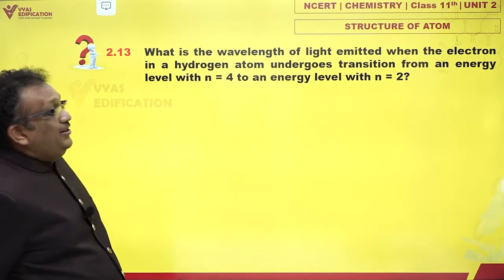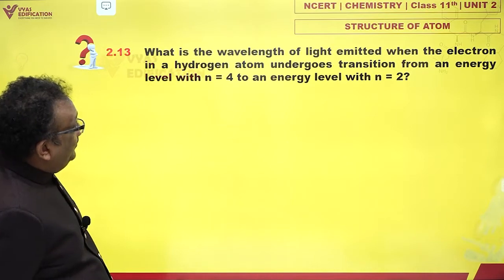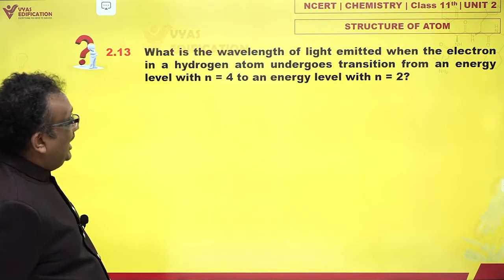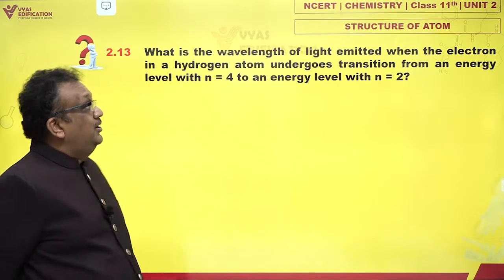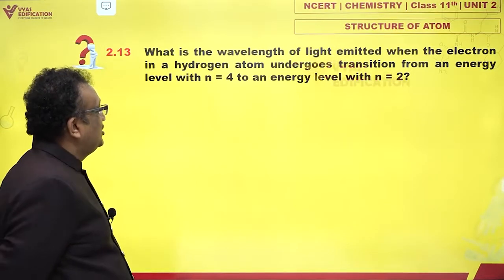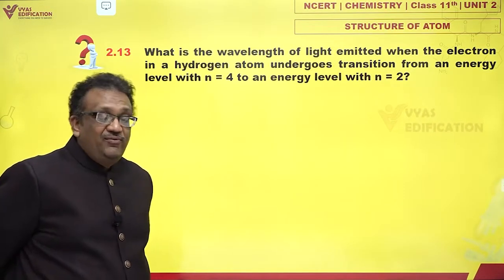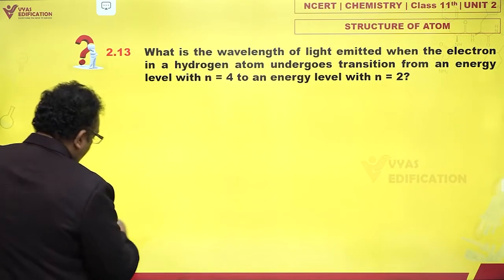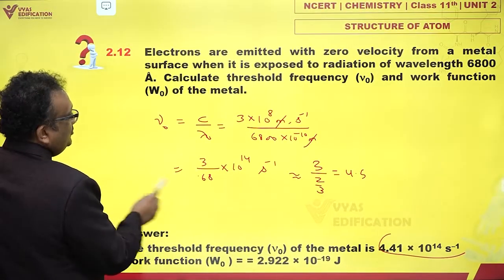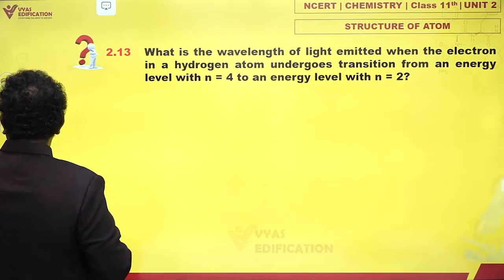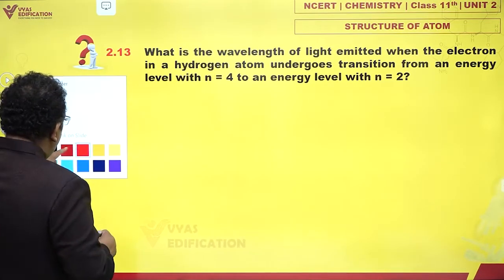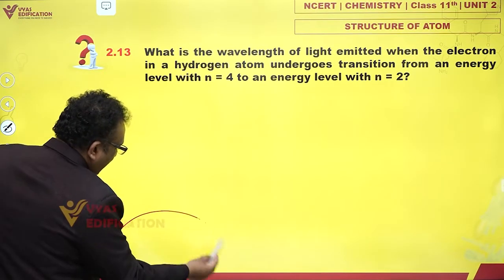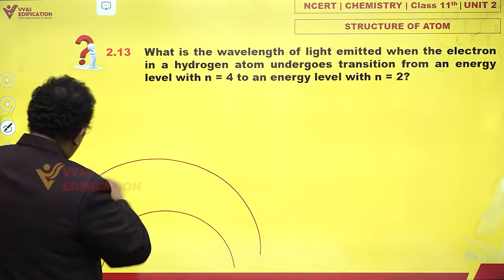What is the wavelength of light emitted when the electron in a hydrogen atom undergoes transition from an energy level with n equal to 4 to energy level with n equal to 2? Now, within an atom, I am told that there are many energy levels. How exactly are electrons arranged around the atom?